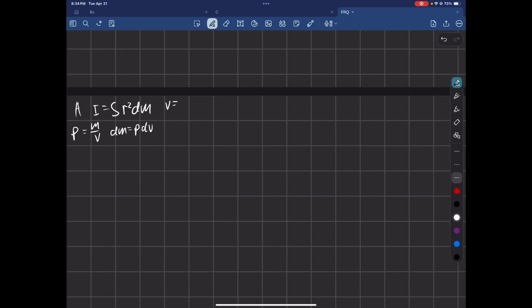Volume for the shape would just be pi r squared times L. The derivative of that would be 2 pi r L times dr. Now that we have both V and dV, you can plug them in for dm.